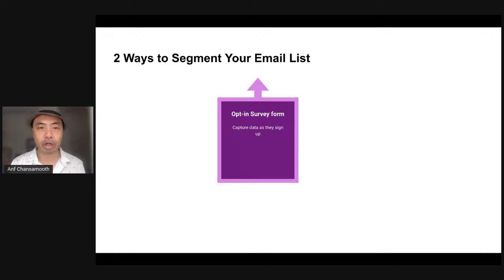All right, so the first one is during the opt-in stage, right? So maybe you're presenting a free download on your website, or you're directing people to a landing page somewhere, and you're using something like Lead Pages or ClickFunnels, whatever tool you're using, and you've got a form.